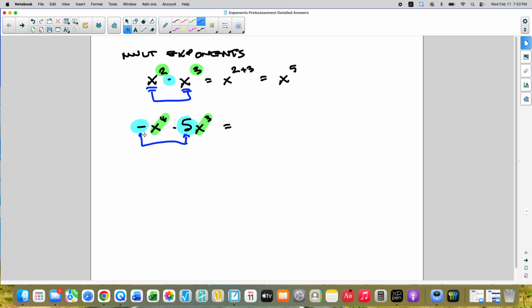There's an invisible 1. -1 times 5 is -5. Those are coefficients, just numbers. Now, when we multiply like bases, remember, we add those exponents. So that's x to the 4 plus 3, which equals -5x to the 7th. Very important concept.